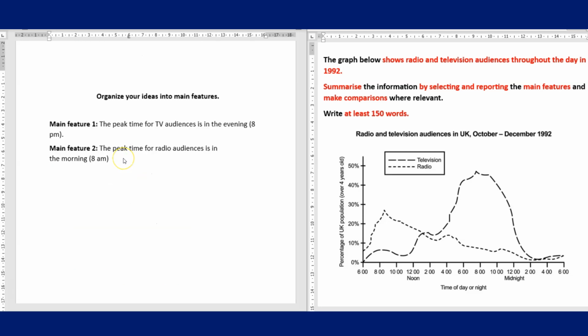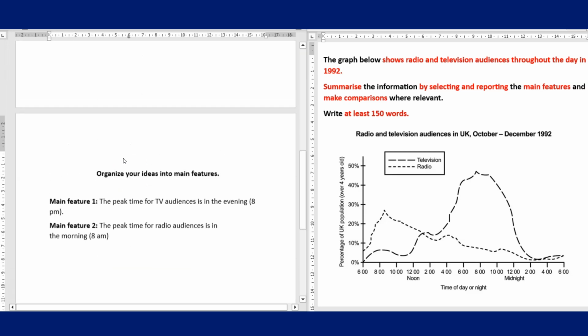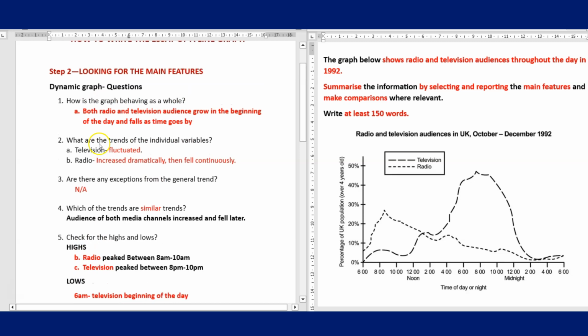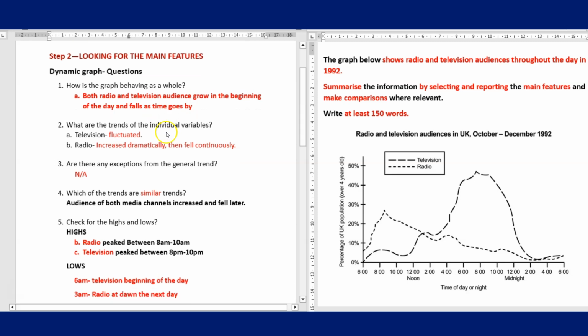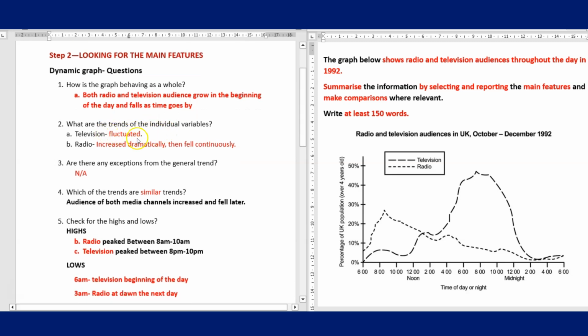So let's look out for the features that we'll be grouping and be using for our essay. So based on the features, there are a lot of them. Let's see, starting from here. So we saw that both radio and television audience grew by the day, and then also fell as time went by. We saw that television fluctuated generally in a specific manner, and the radio also increased dramatically and then fell.